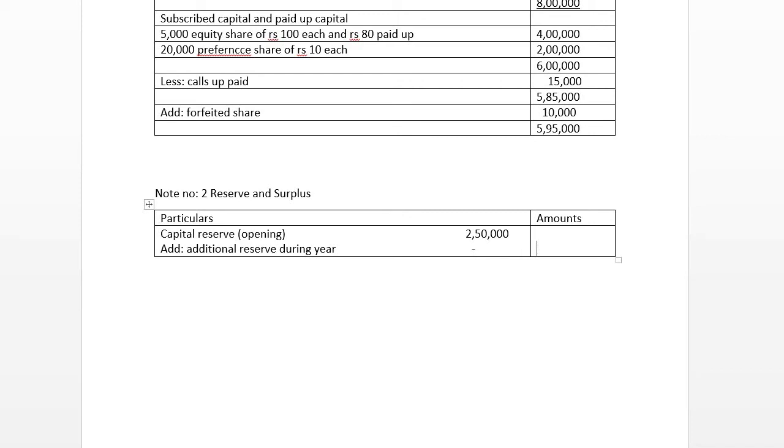Therefore the 2,50,000 itself is the amount of capital reserve. Then later, after the capital reserve, suppose the debenture redemption reserve is given. Suppose it is also opening.